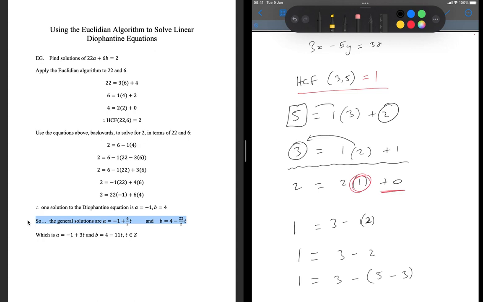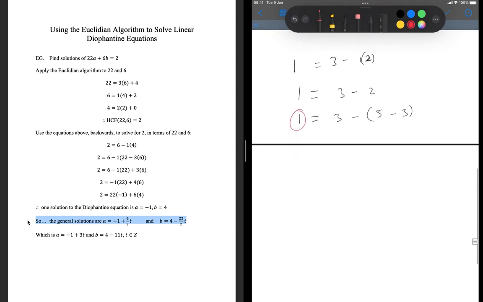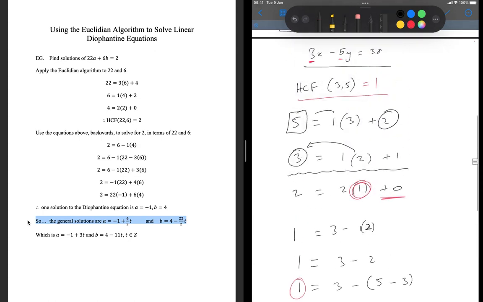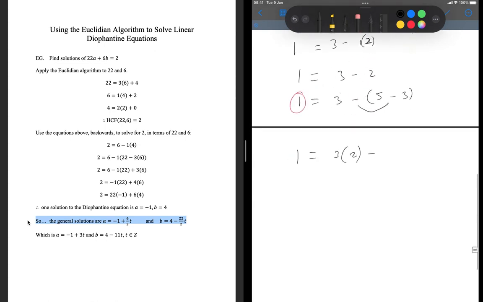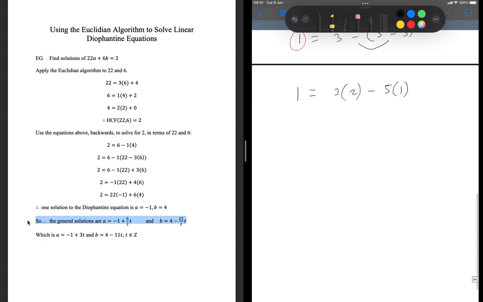Now the reason we've done that is because now we have 1 in terms of 3 and 5. So we can write that as 1 equals, now the equation is 3x minus 5y. So 3, and there's 3 plus 3, so that's 2 lots of 3, minus, and it's take away 5y, take away 1 lot of 5.